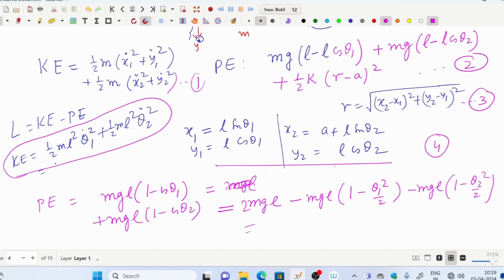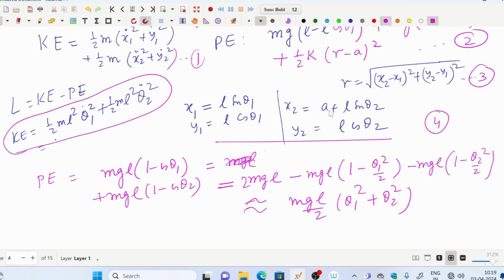So, basically 2 mgl will get cancelled and you will get mgl by 2 times theta 1 square plus theta 2 square, in the small angle approximation. Let us denote this part as equation 5. Some part of the potential energy we have calculated, and that we find in equation 5.